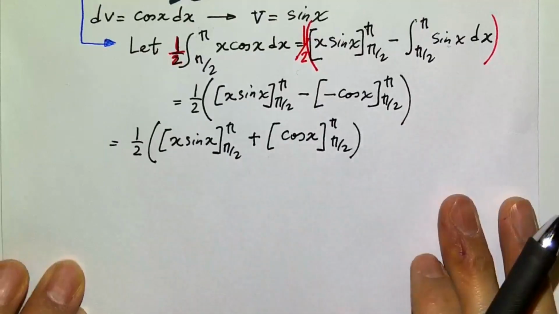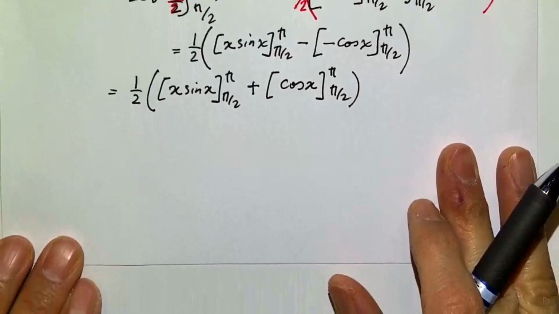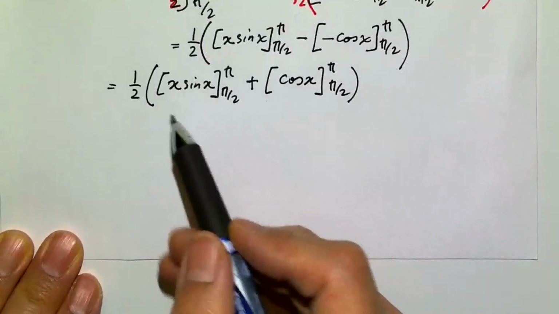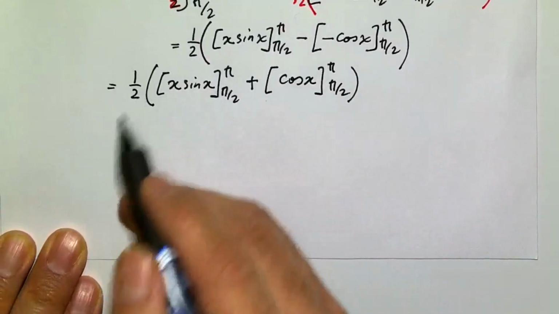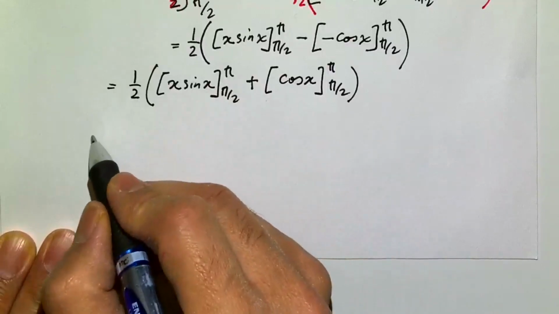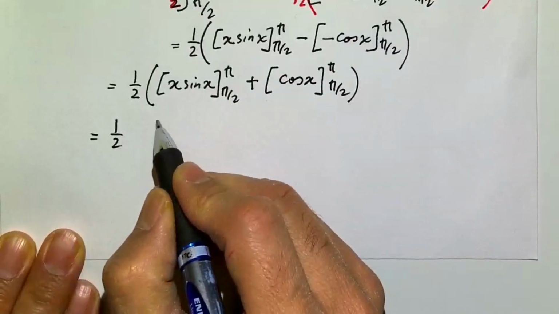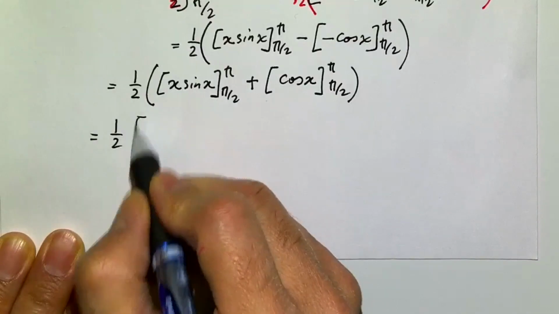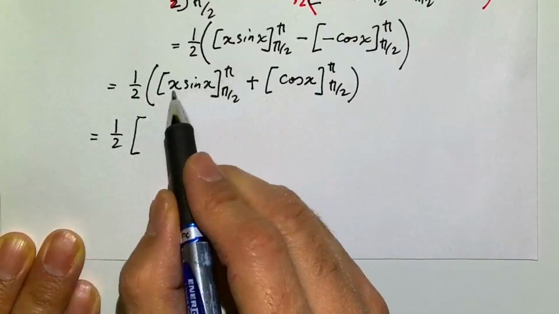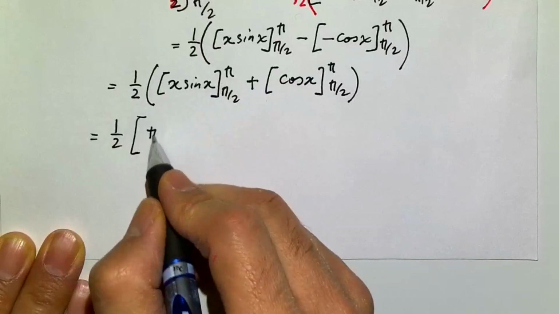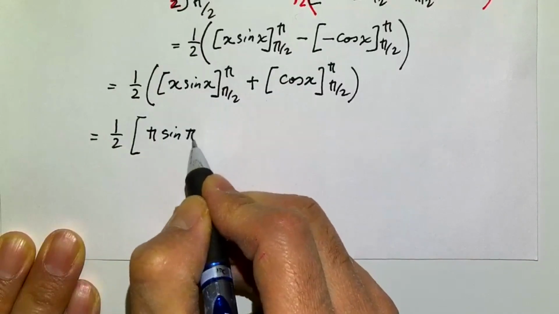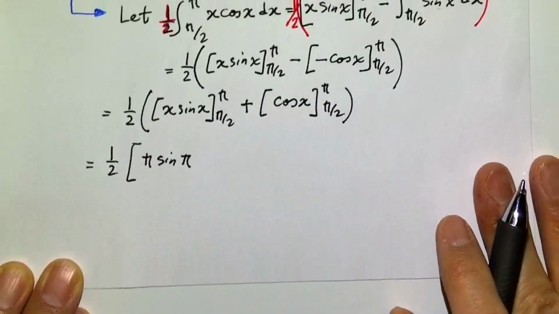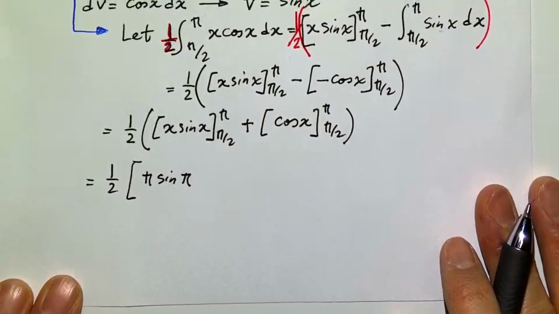And now we're ready to evaluate the integral after we've integrated this. So just plugging in, we have 1/2. So this would be pi sine pi, right? Like that. Move this down a little bit.